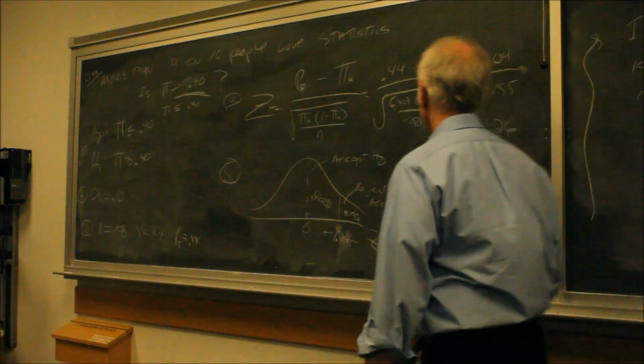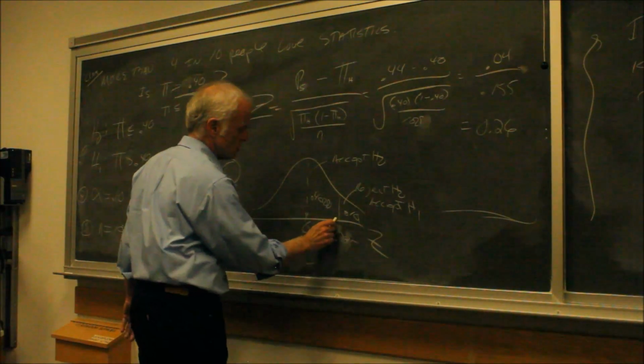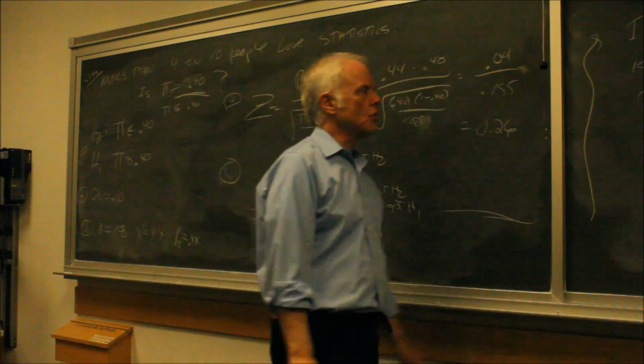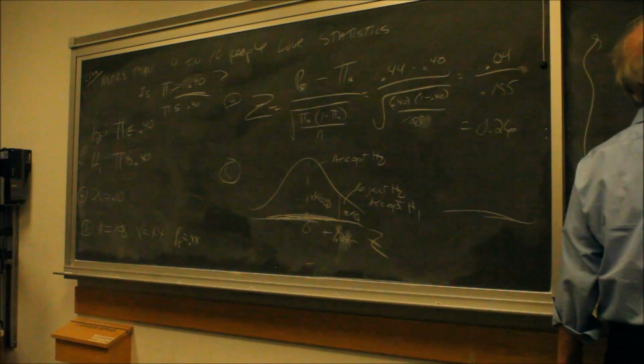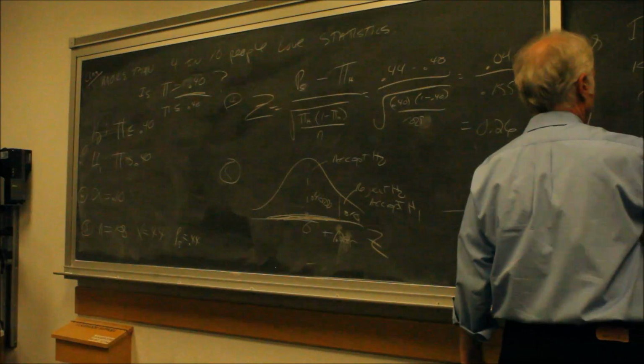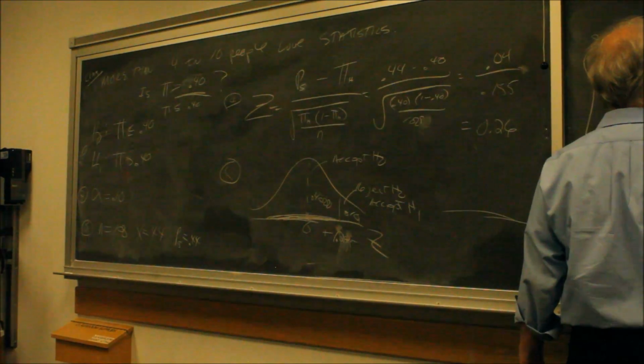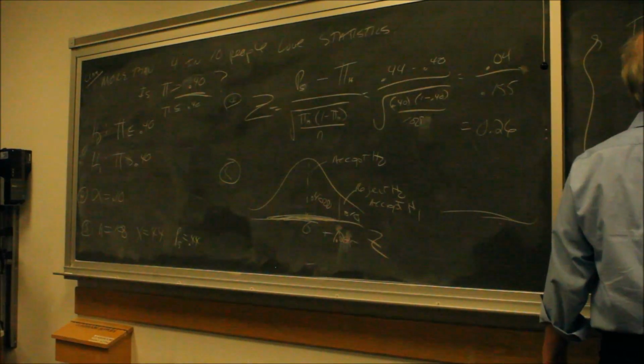Because if it's less than 1.285, that means it's over here. That's the accept H0 region. If not, reject H0 and accept H1.